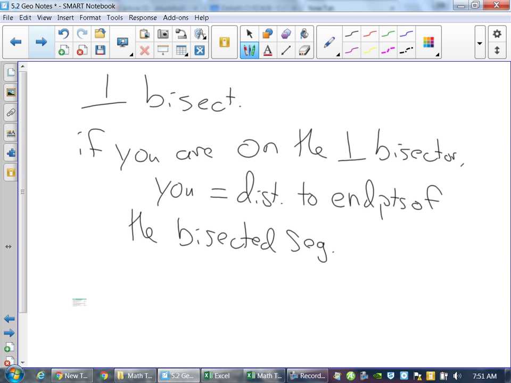That's that diagram we just drew, in not so many words. Okay.